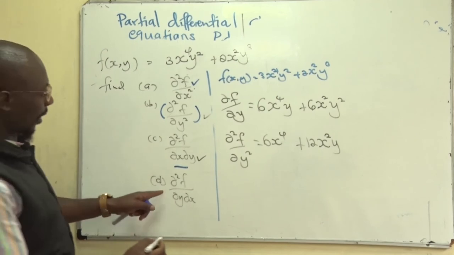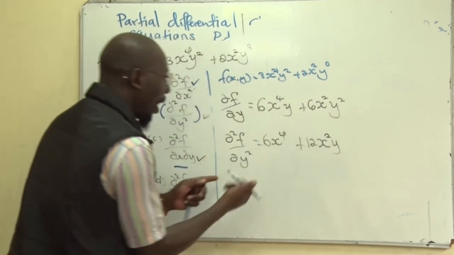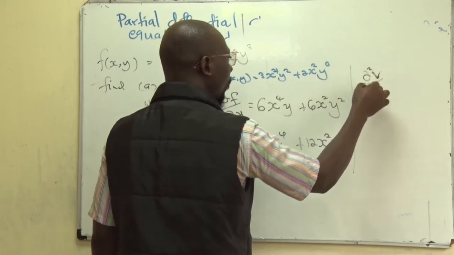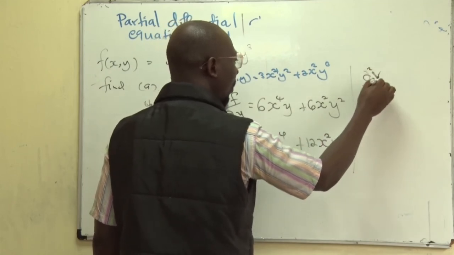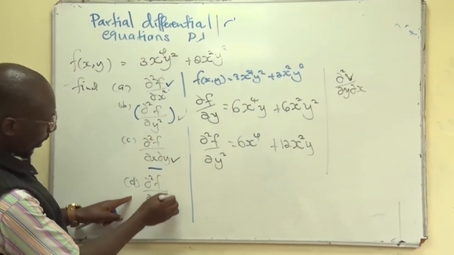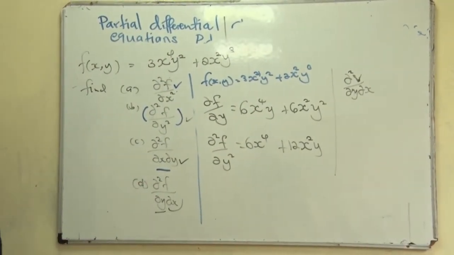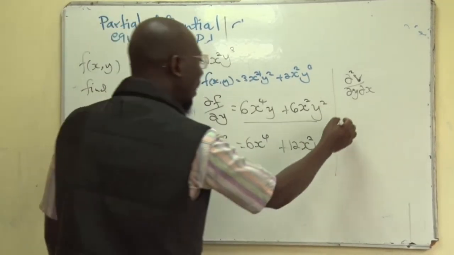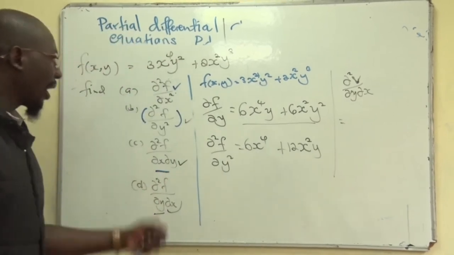Then to solve D, it means that what you found here, you now differentiate it with respect to x. Because first you differentiate with respect to y, then you do the second one using x. So you differentiate this function with respect to x. And in this case, we treat y as a constant.